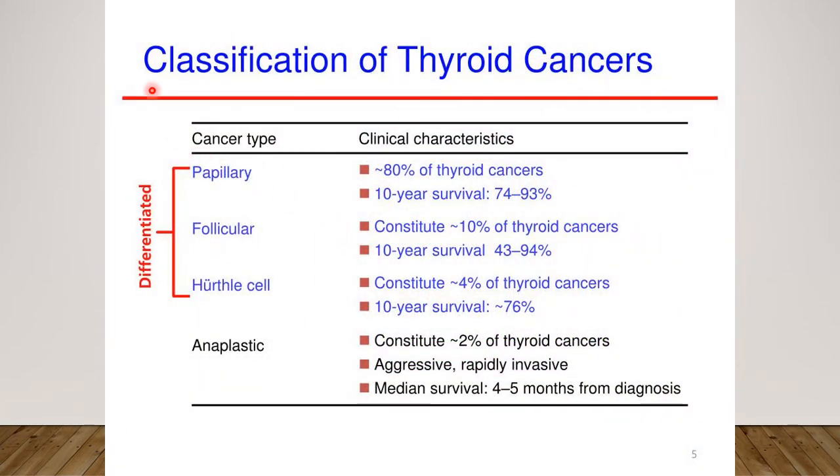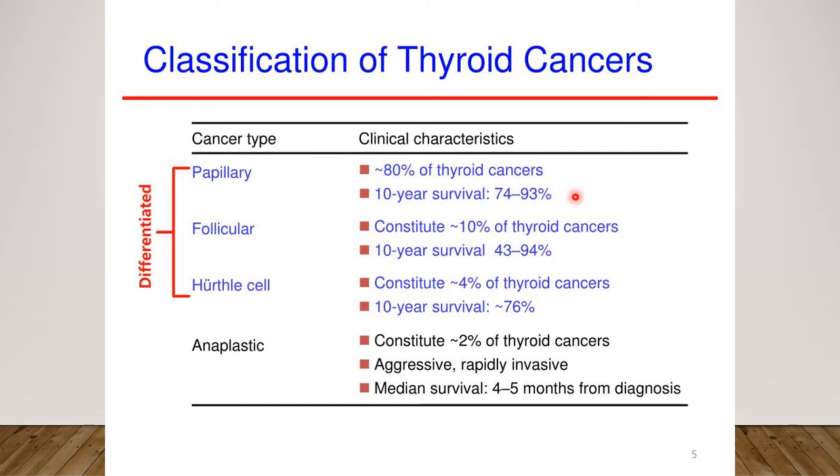This slide shows you the prognosis, the survival rate of the various cancers of the thyroid. Papillary, being the most predominant of the thyroid cancers, has a 10-year survival rate of 74 to 93%. In fact, some authors today quote as high as 98% 10-year survival rate.